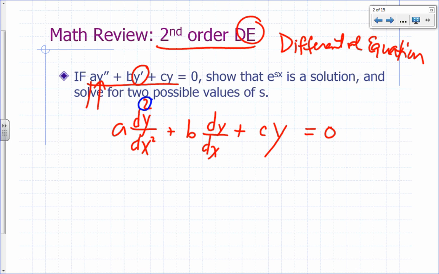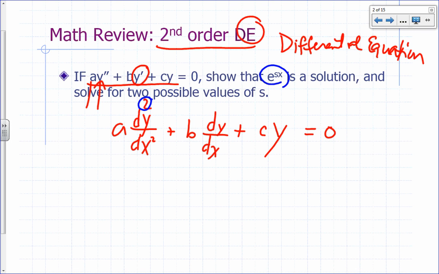Okay, so let's take a look at this one. It's a common differential equation you might encounter. Let's show that e to the sx is a solution to this. In other words, if I plug in e to the sx for y, it will obey this equation.